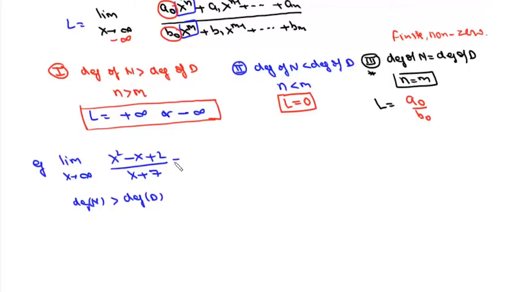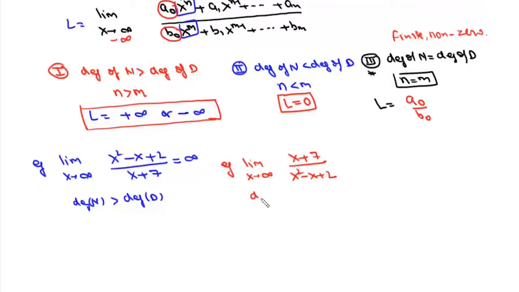So value of this limit will be simply plus infinity. Or if we take this other case, this limit x tends to infinity, x plus 7 upon x square minus x plus 2.